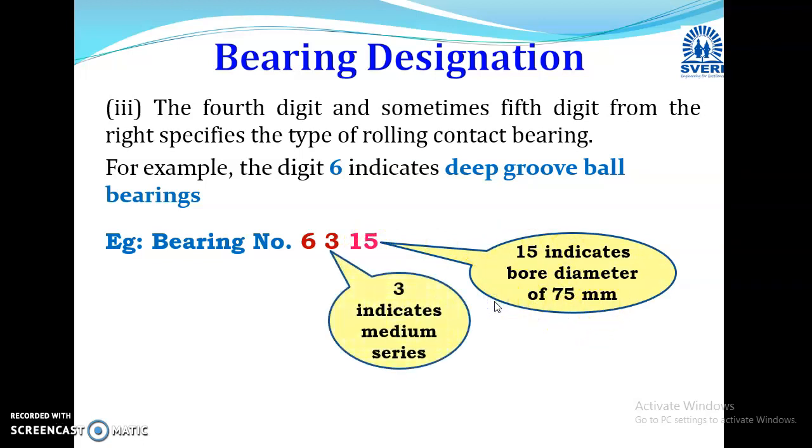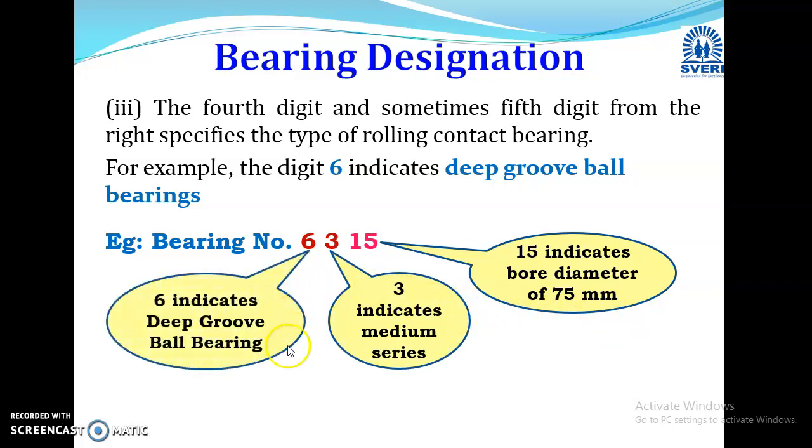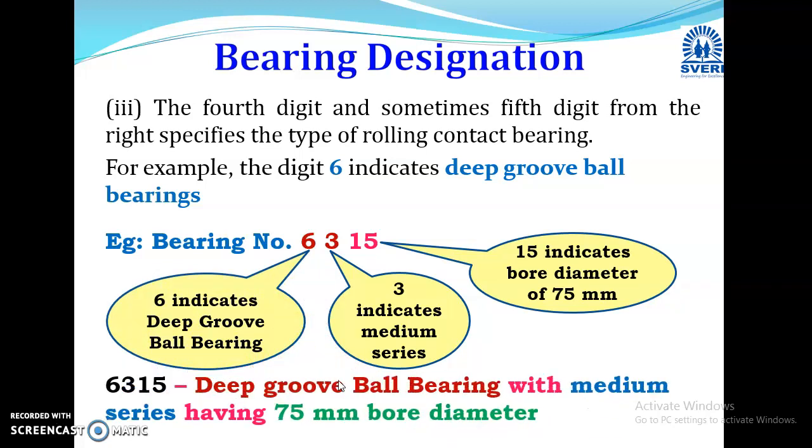The 3 indicates medium series capacity of the bearing and 6 indicates deep groove ball bearing. So in one line, 6315 indicates a deep groove ball bearing of medium series having a 75 mm bore diameter. This is one example we have discussed about bearing designation.